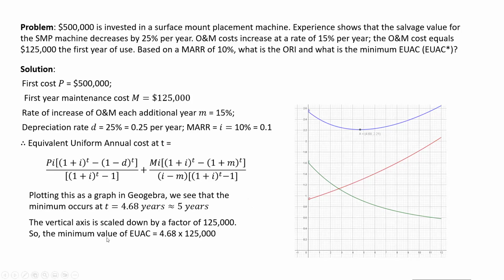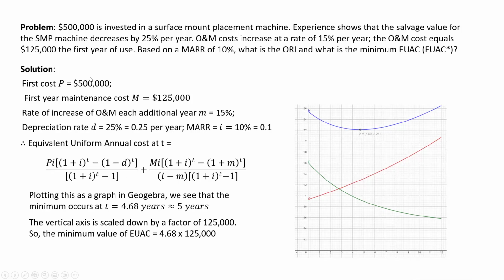The vertical axis is scaled down by a factor of, yeah, if you see the minimum value is at t equals 4.68 and the minimum cost itself is the y value, which seems to be 2.21. That doesn't make any sense, right? What? 2.21 what? The thing is, in order to draw this, I scaled it by a factor of 125,000.